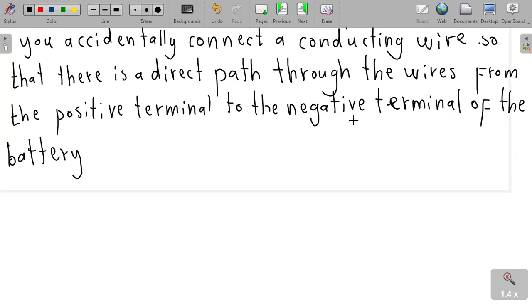So it's from the positive terminal to the negative terminal of the battery.